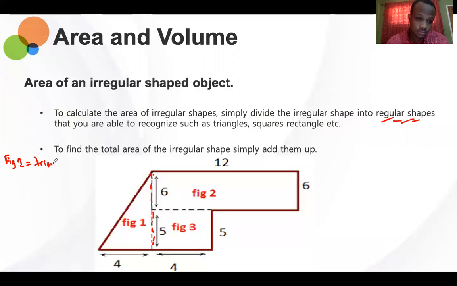Half base times height. Let's write down the half first. What is our base? Our base is 4. And what's our height?